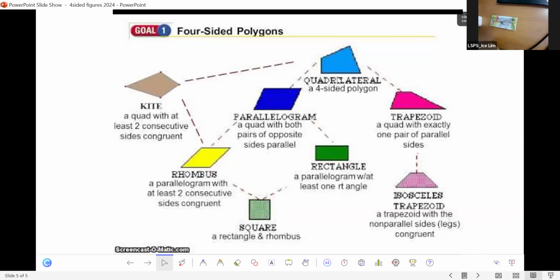If the shapes start to have, for example, on this line here, okay, you realize that, let me highlight this in pink. You start to have, say, a property of opposite sides being parallel. And then you realize that, okay, there's a branch out here.